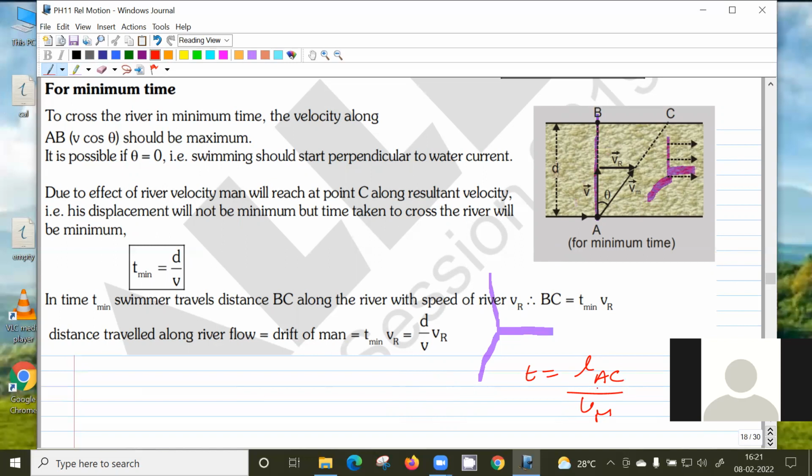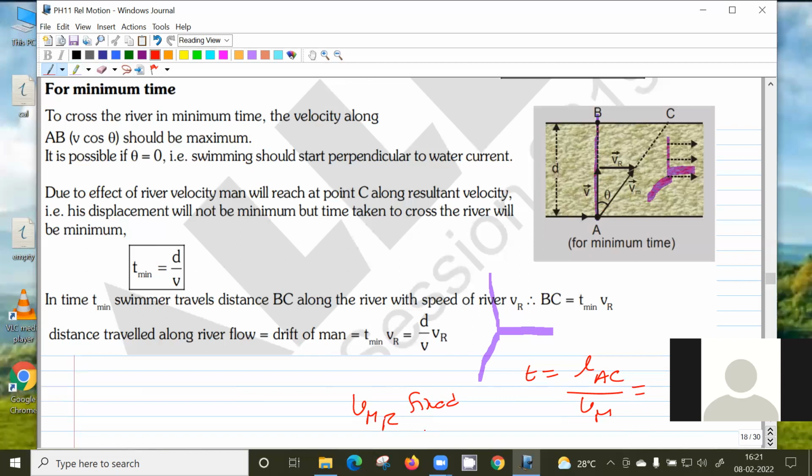Suppose you think this AC should be AB, and the velocity of man in this direction would not be. Here there are two variables: the length of AC can change depending on theta, and the velocity of man will also change with theta. The thing that is fixed is the velocity of man with respect to river.